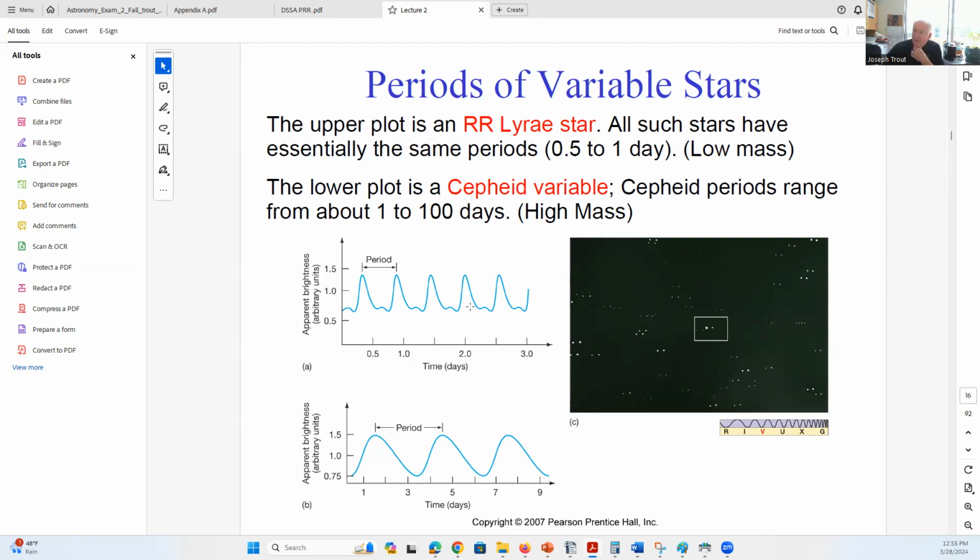The upper part is for our RR Lyrae star, and the period is about 1 day. And for the Cepheid variable, the period can range from 1 day to 100 days. So the time for it to get bright and dark and bright again could be 1 day, or it could go up all the way to 100 days.